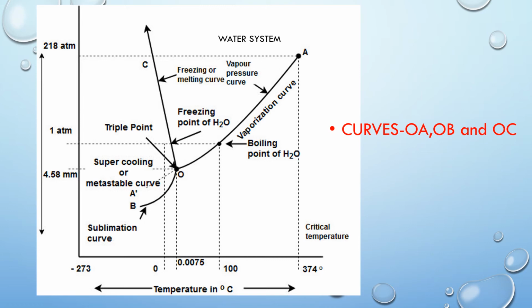In this equilibrium, there are two phases. It is monovariant. As the curve OC is slightly inclined towards pressure axis, it indicates that the melting point of ice is slightly lowered by the increase of pressure.